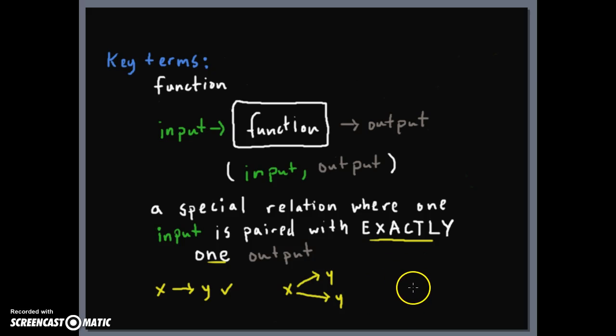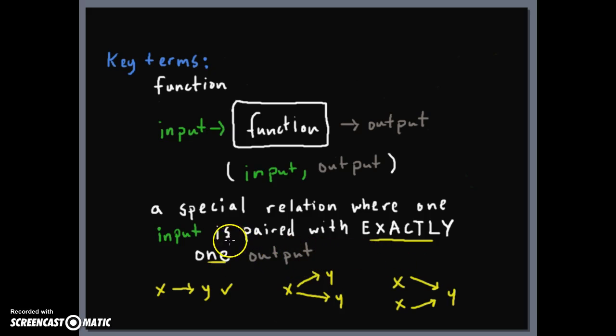And I'll give you a third example, and this is where a lot of students get confused. So let's say we have two x's paired to the same y. Well, if you think about the definition of a function, each input is paired to exactly one output.